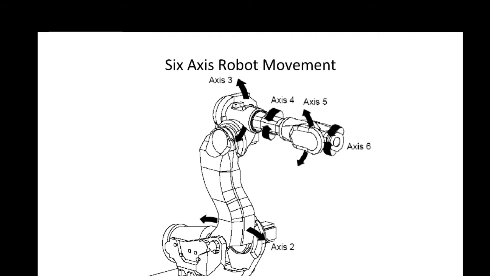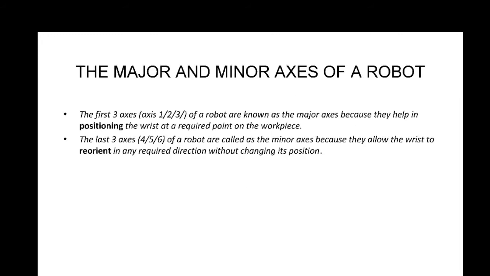Already at the top of the slide I have told you the robot has major and minor axes. What are the major and minor axes? We are going to discuss that in this slide. The first three axes, 1, 2 and 3, are called major axes.